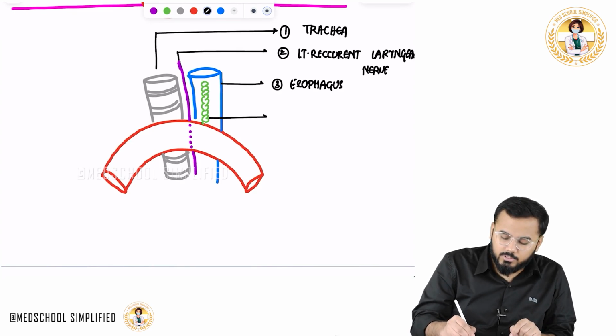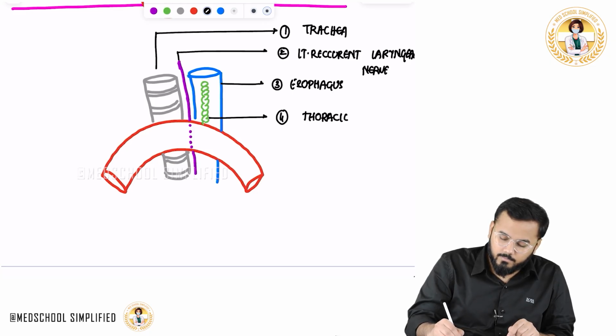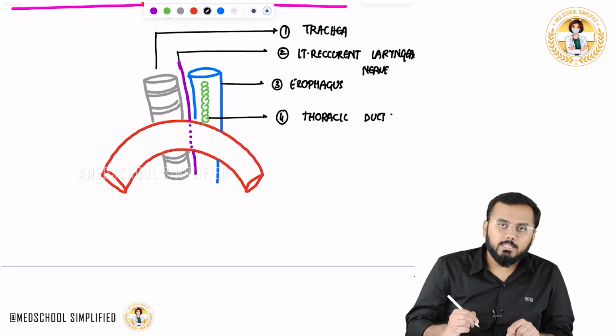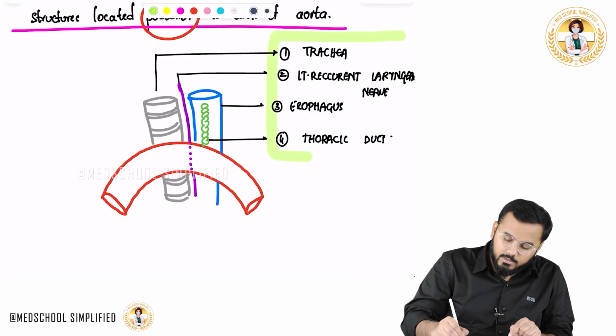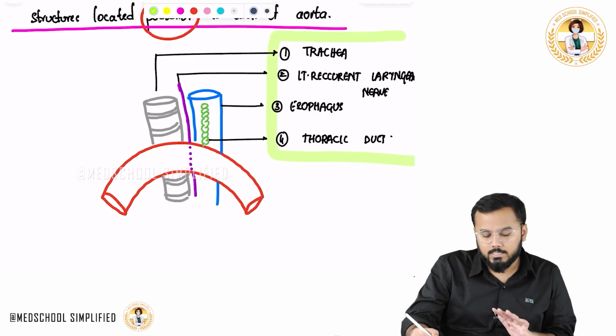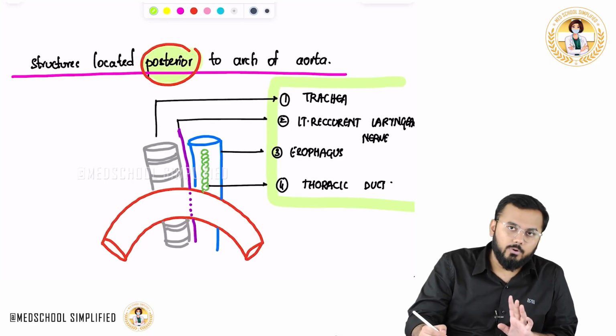And finally this structure over here is called your thoracic duct, right? So the structures located here are the trachea, left recurrent laryngeal nerve, esophagus and thoracic duct. These are the structures which are located especially on the posterior side of the arch of aorta.